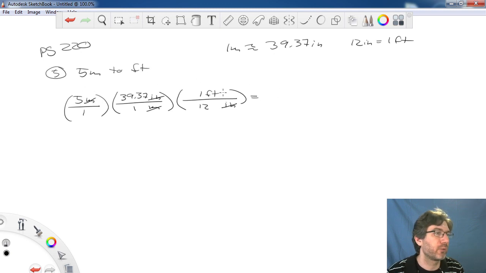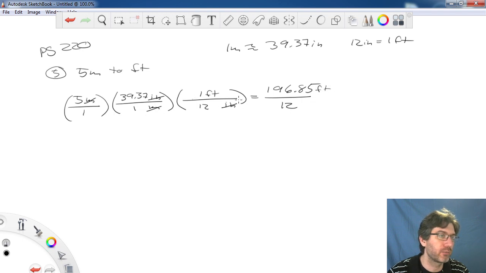I'm going to multiply my numerators. 5 times 39.37, and then times 1 again is not going to change it. It's going to be 196.85. And then 1 times 1 times 12 is 12. My units on top is feet.